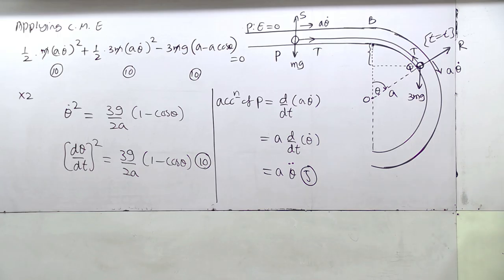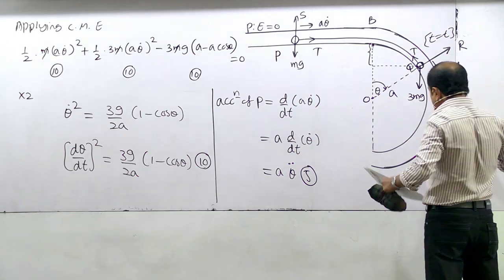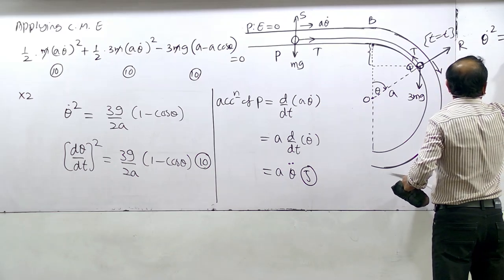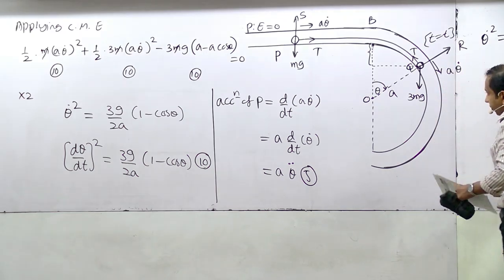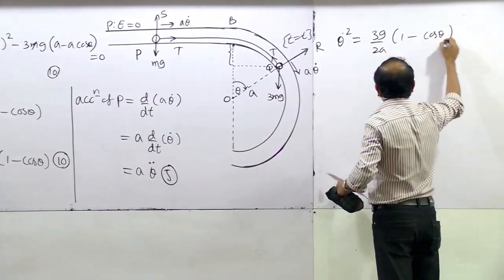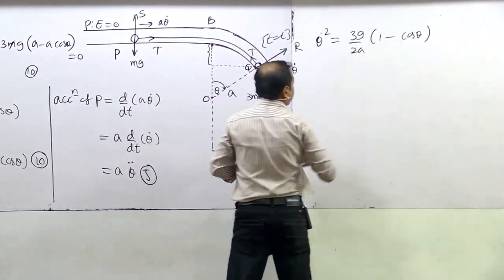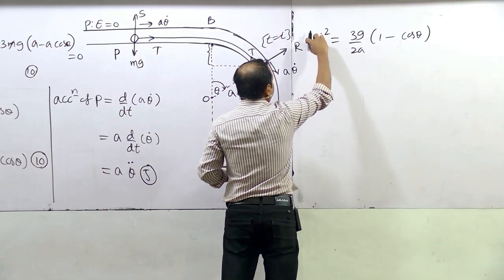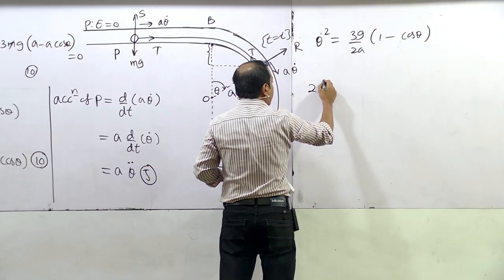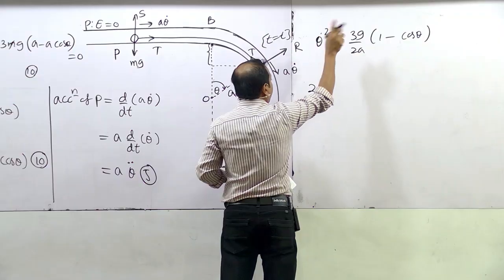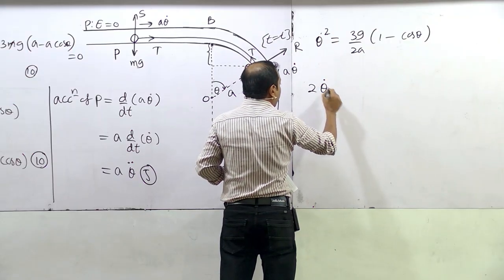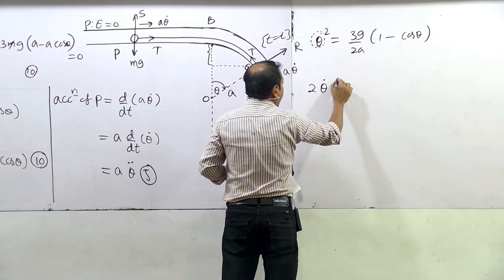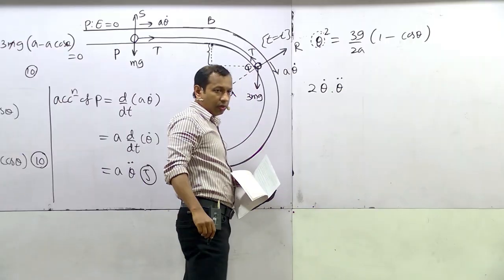Right. Now, over there we have theta dot squared as 3g over 2a (1 minus cos theta). Now I am going to differentiate both sides with respect to time t. First we have to differentiate these two. 2 comes before, 2 theta dot, 2 minus 1 is 1. 2 theta dot multiplied by, now we have to differentiate this theta dot with respect to time t, and we get theta double dot.